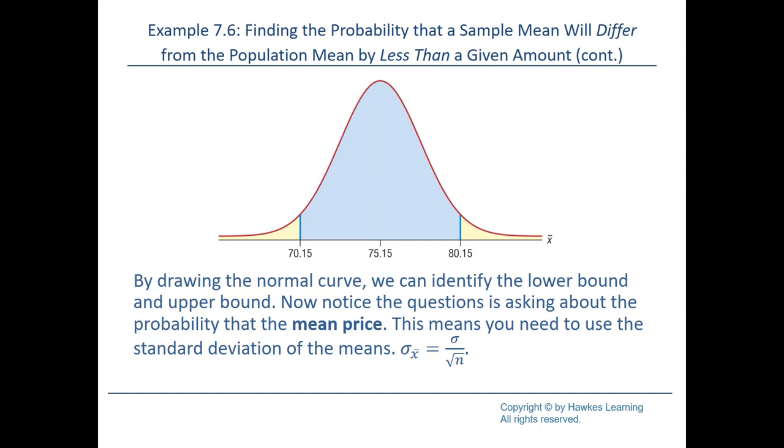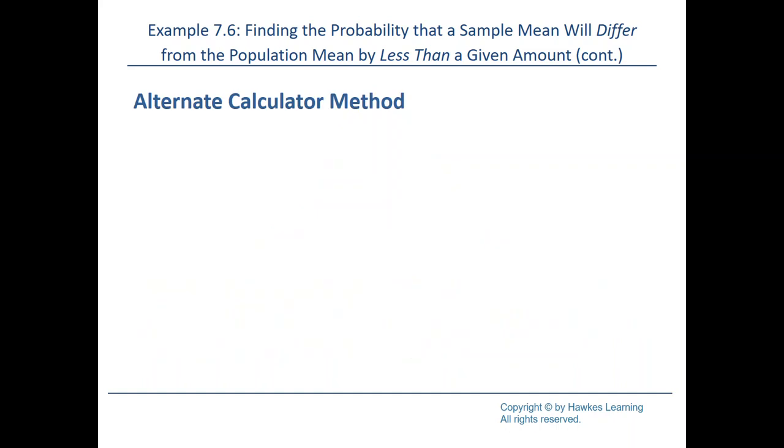Again, I am asking about the mean price, so this does mean that you're using the population standard deviation divided by the square root of n. Do note that I can use the central limit theorem here, because they either say that it's normally distributed, or your n is big enough. So in our one-step calculator method, I'm going to put in my lower bound, my upper bound.